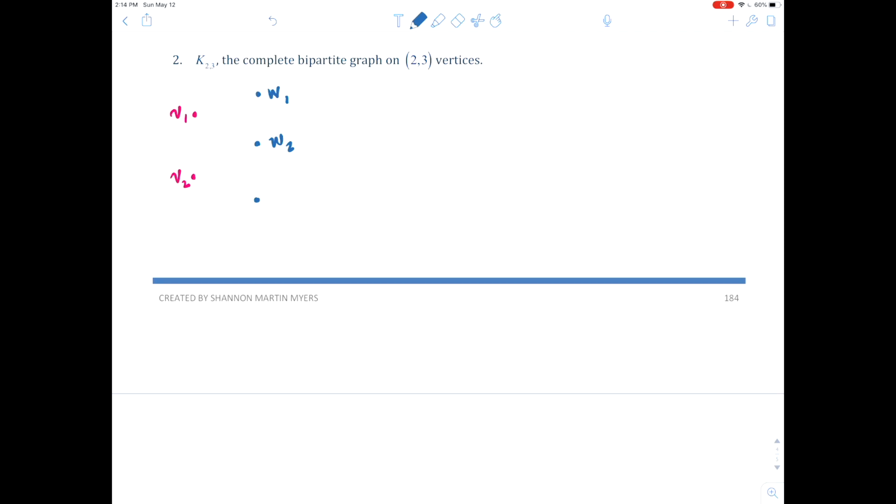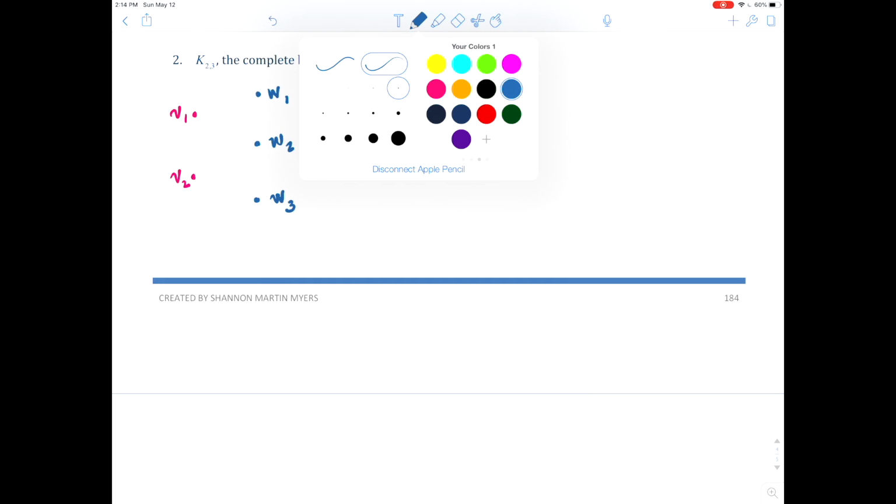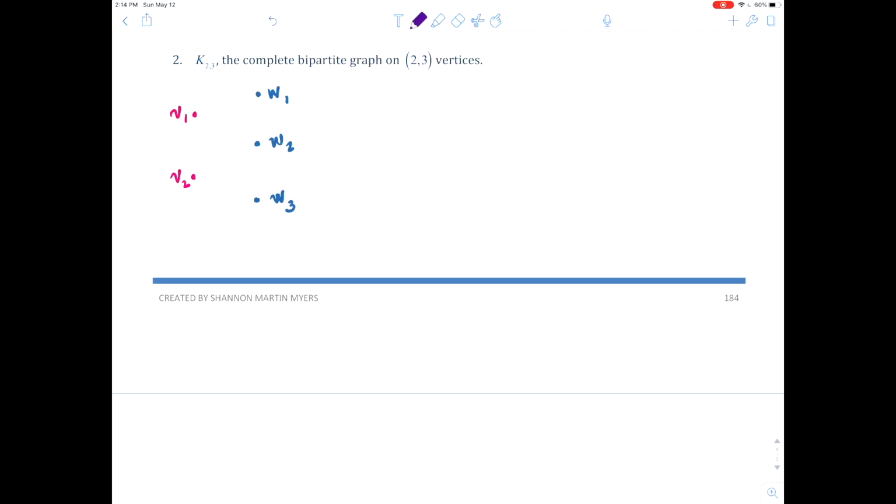And remember that for the complete bipartite graph on 2, 3 vertices, the V's won't connect to each other, but each V connects to every W and vice versa. So the W's don't connect to each other, but each W connects to V, and it's not a directed graph, so we don't use any arrows. So this is what it will look like.